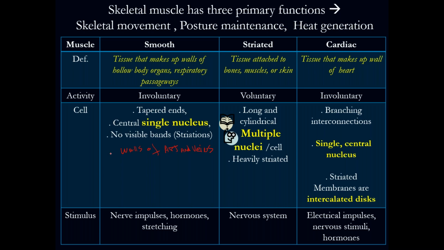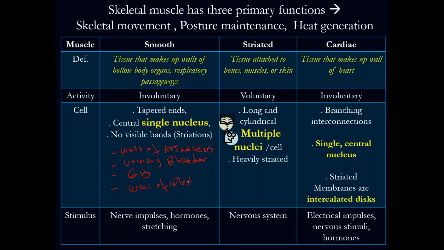In addition to that, the smooth muscle is located, for example, in the urinary bladder, in the gallbladder, and in the wall of the intestines.